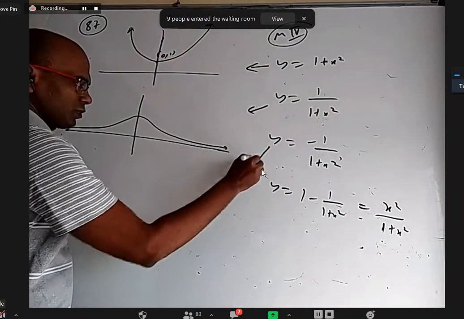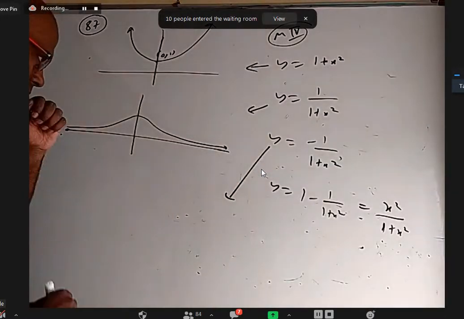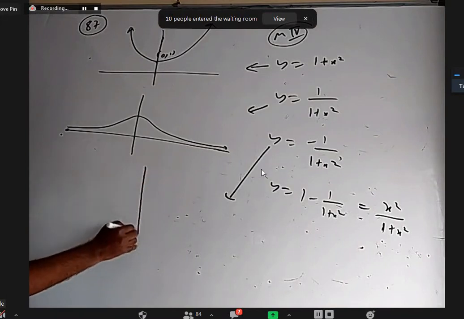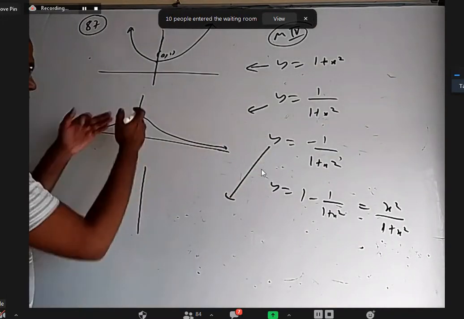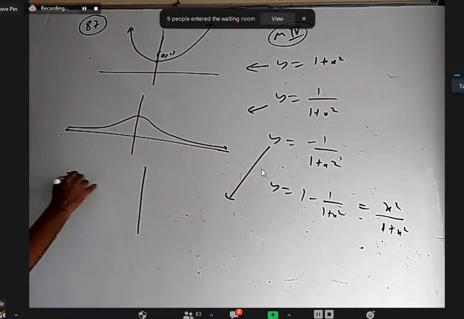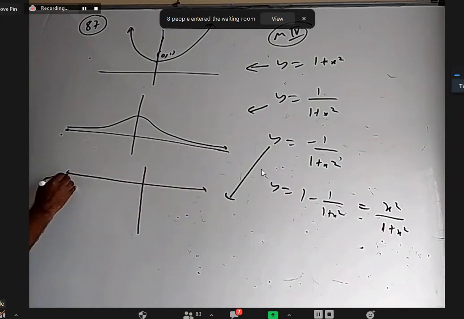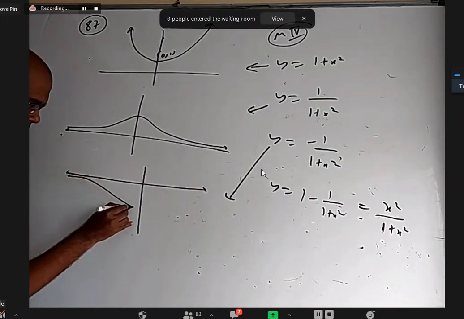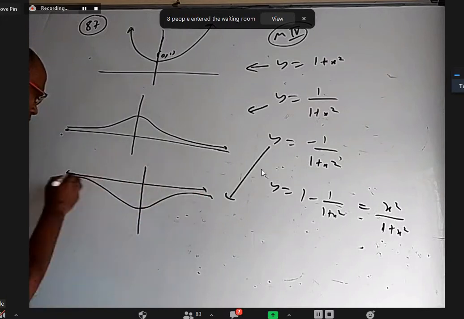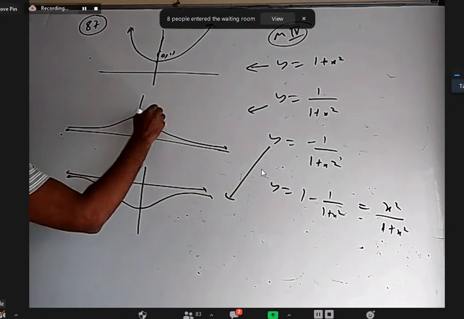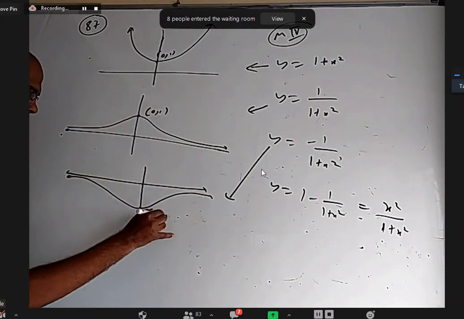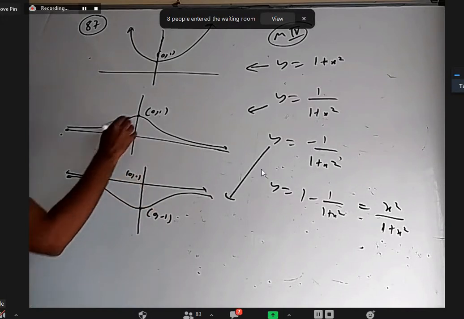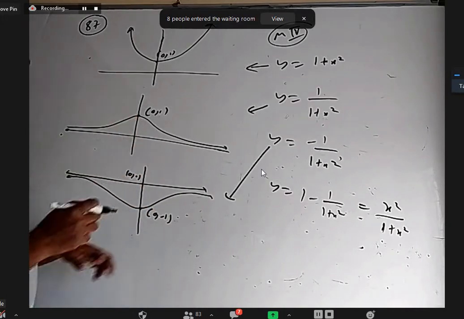Now coming to this one. Minus means just the reflection with respect to x-axis. Mirror image of this with respect to x-axis is this.